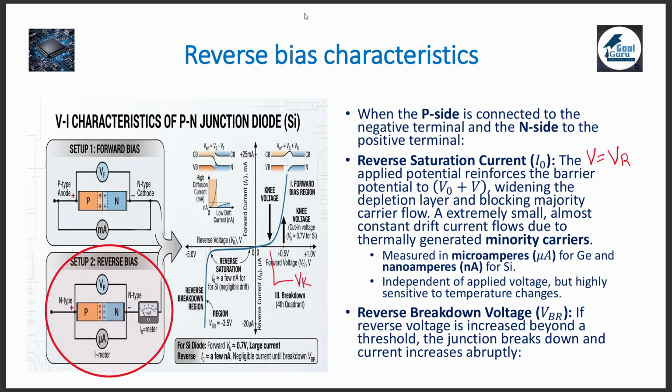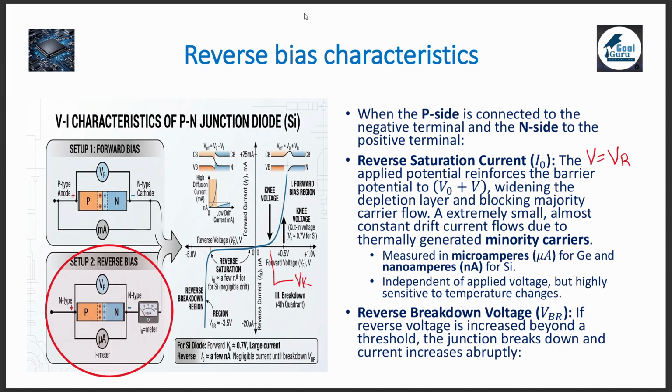The reverse bias characteristics. We already know P side is connected to the negative terminal and N side is connected to the positive terminal of the battery. Now, the applied potential reinforces the barrier potential to V naught plus V. That means the depletion layer is widened and it blocks the majority current flow.